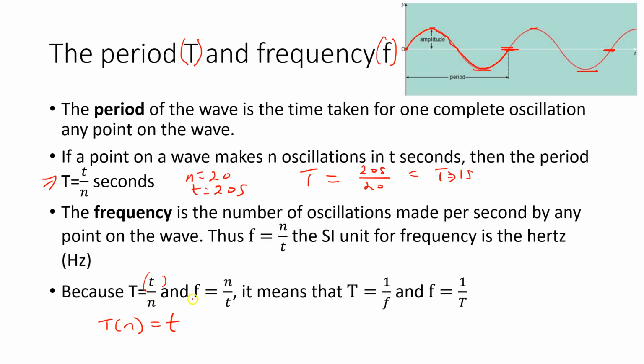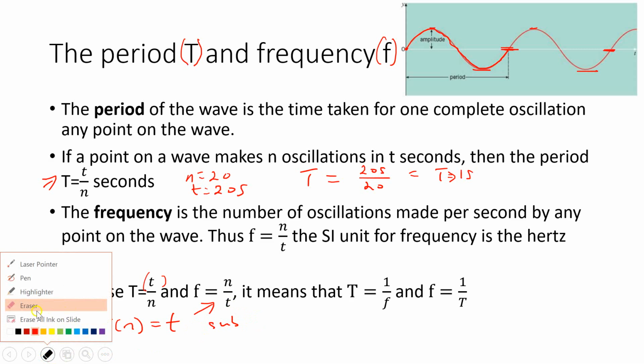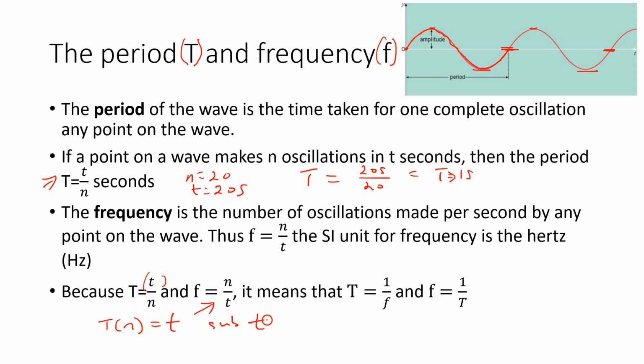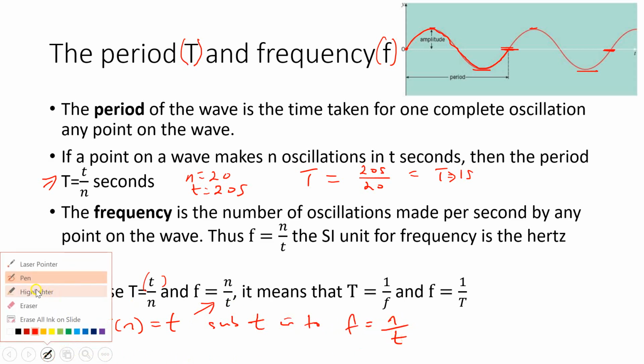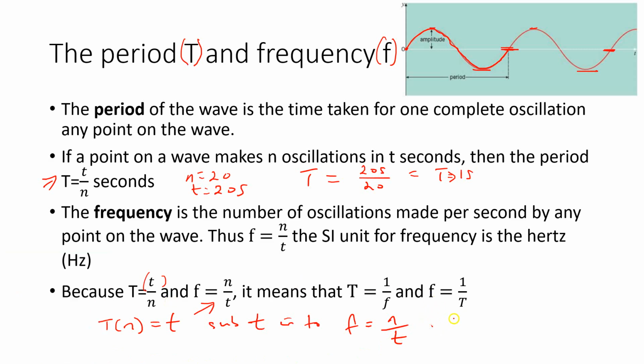What I will do next is substitute t into this equation. So if I sub that t in that equation into f equals n divided by t, when I do that, I'm getting that f is equal to n divided by T times n.